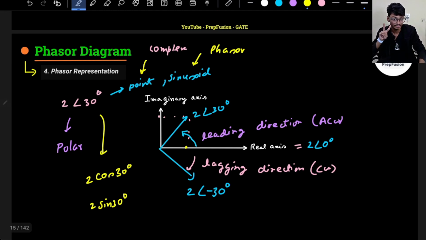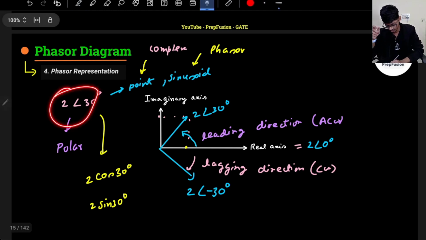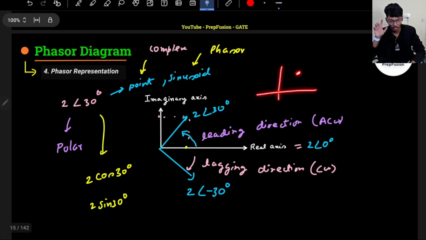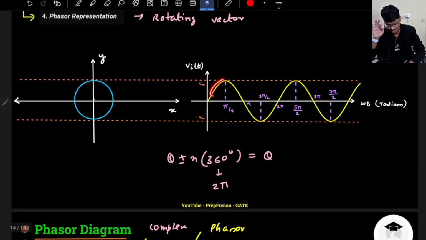So there is a huge difference between these two quantities. That's why we say it is a phasor quantity. We could have said it is a complex number, but no, we say it is a phasor quantity. Although the representation is almost the same as complex numbers, there we say it is just a point in the complex plane, but in this case it is not just a point, it is a sinusoid.